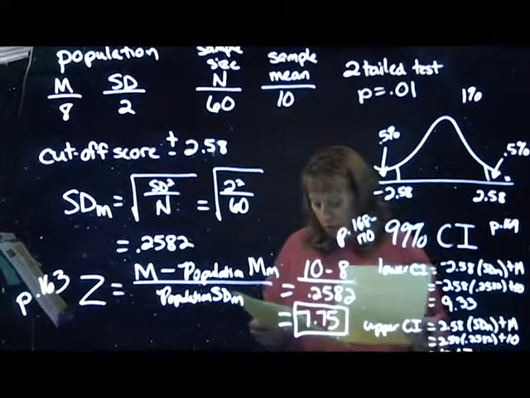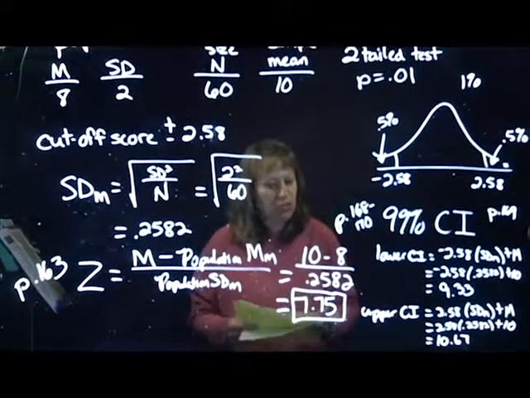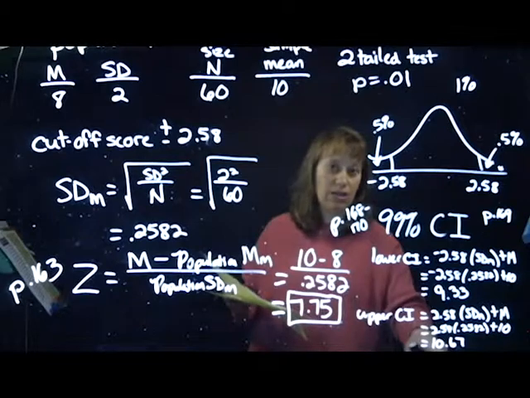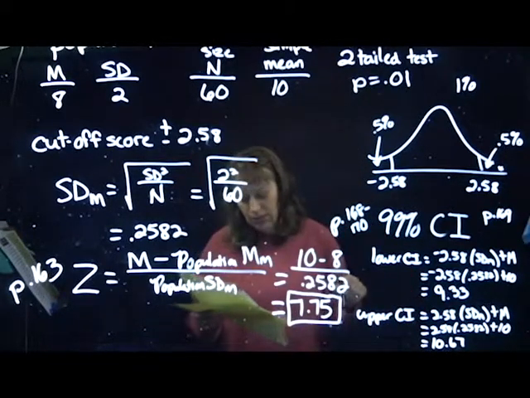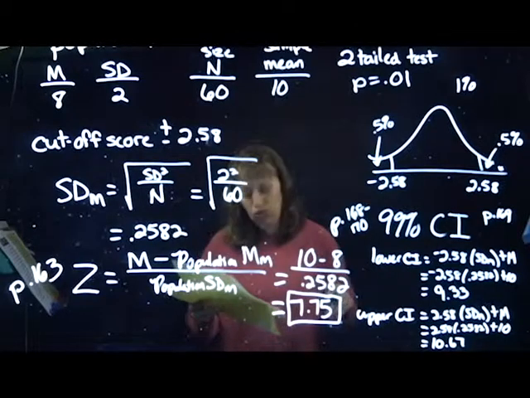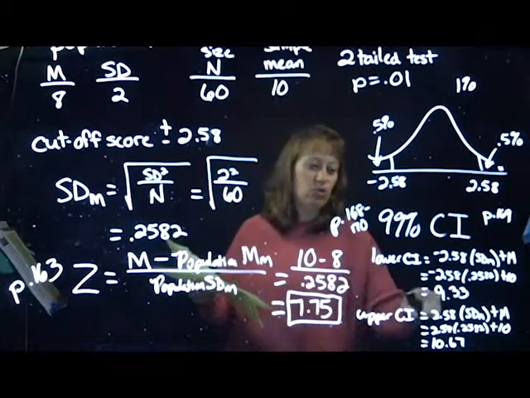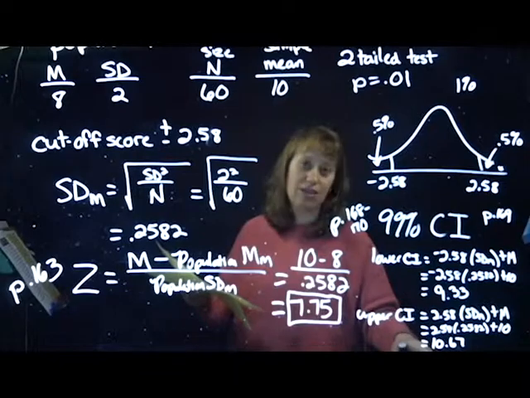So our upper and lower limits for our confidence intervals are 9.33 and 10.67. So we can be 99% confident that the true population mean is between 9.33 and 10.67.